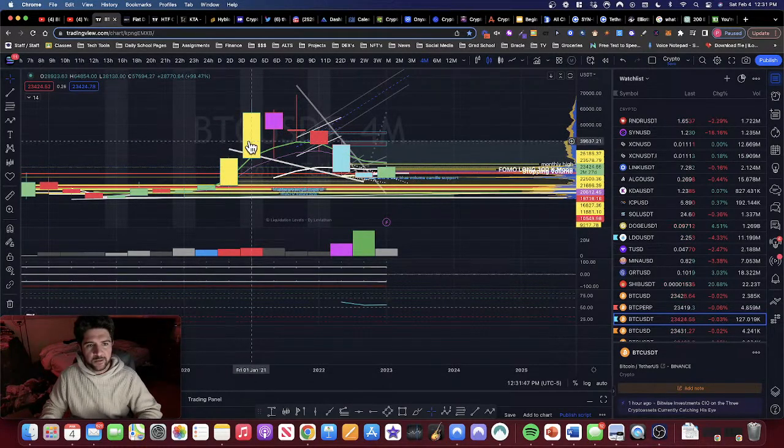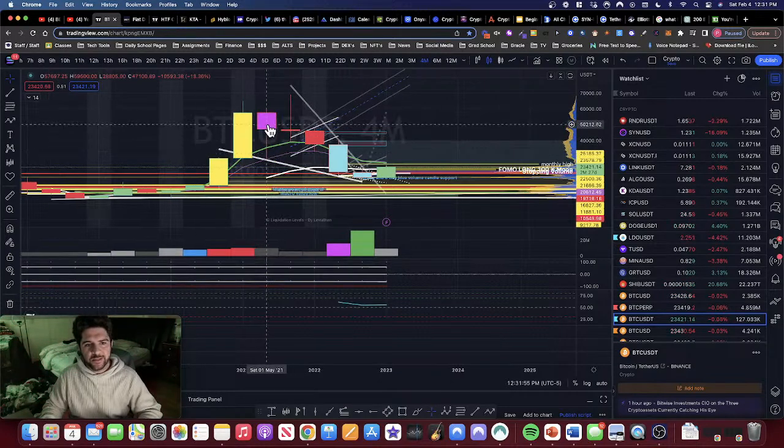I'm going to slow things down right here, a violet vector candle. Notice how it paints a hammer to the top side. This is normally bullish.